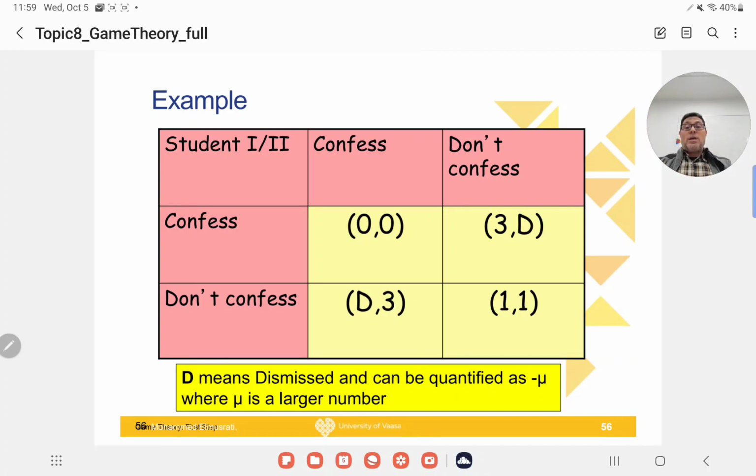Now if both of them confess, then both of them will get 0. If both of them didn't confess, then both of them will get grade 1. So grade 1 for both of them is better than grade 0 for both of them. So should they go to this one, where both of them didn't tell the truth?